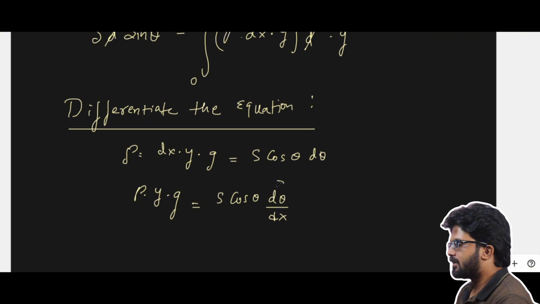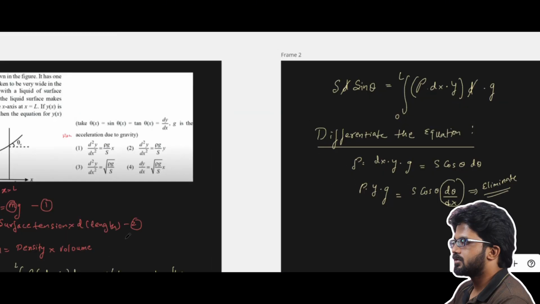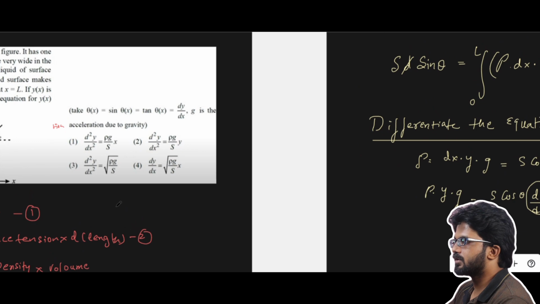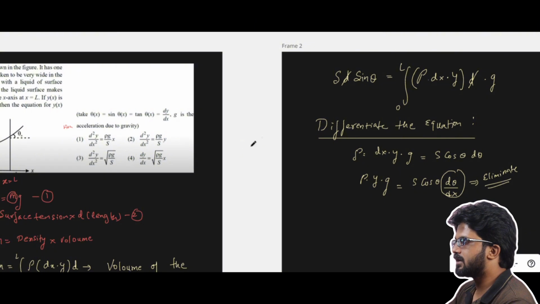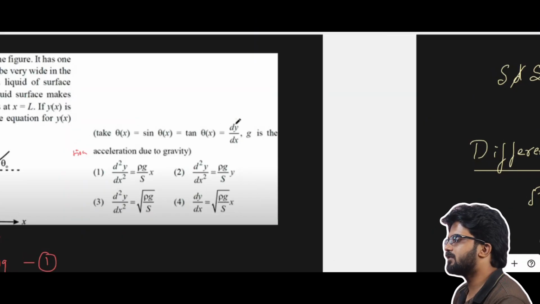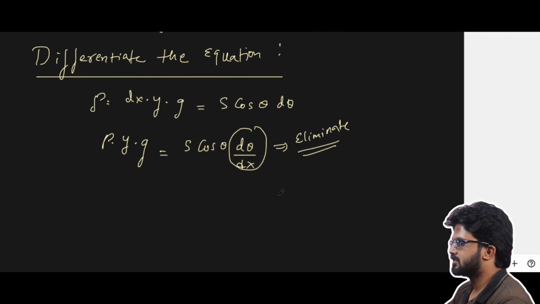So we need to eliminate this d theta by dx from the equation. You can see that we can give y as tan theta, the slope of the curve is tan theta. So we have dy by dx is equal to tan theta. We can use this to eliminate theta here.